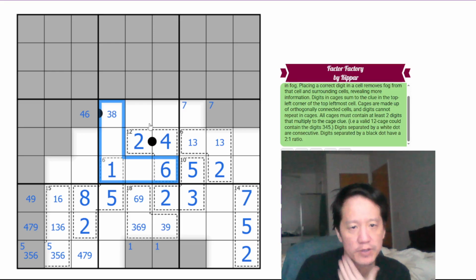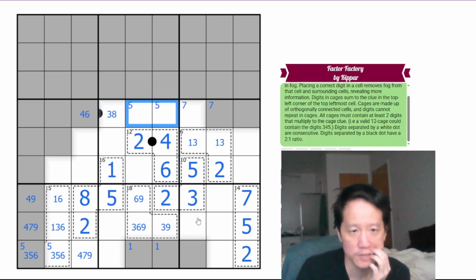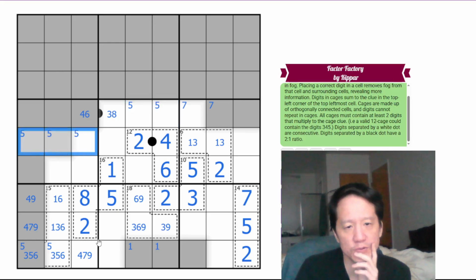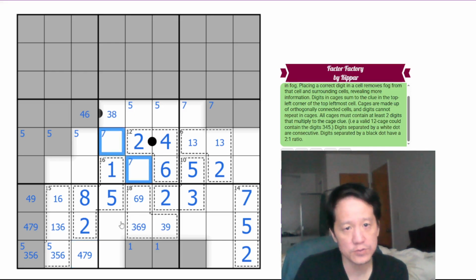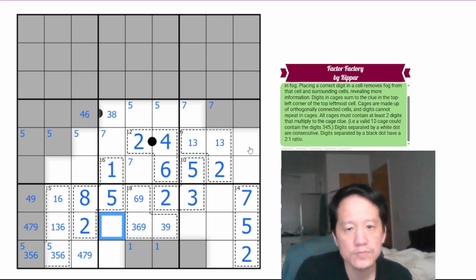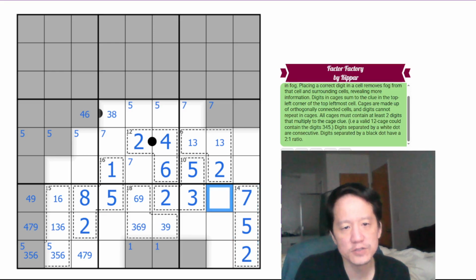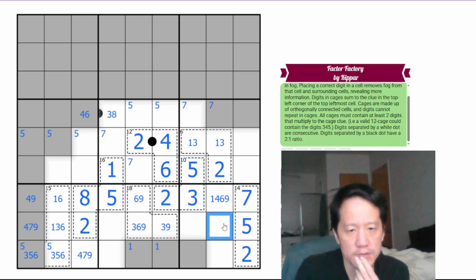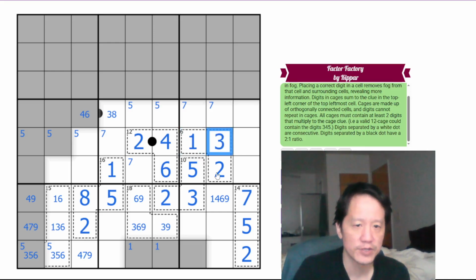Can't be here, can't be here. It must be one of these two digits. Which means 5 has to be one of these 3 here. 7 must be one of these 2. This must be the digits 1, 4, 6, and 9. Oh, this 3 means this can't be a 3, so this is a 1, which makes that a 3.